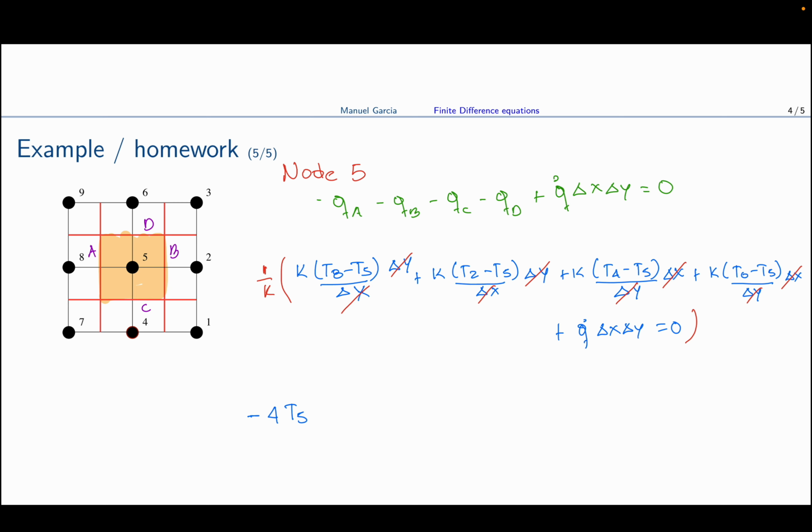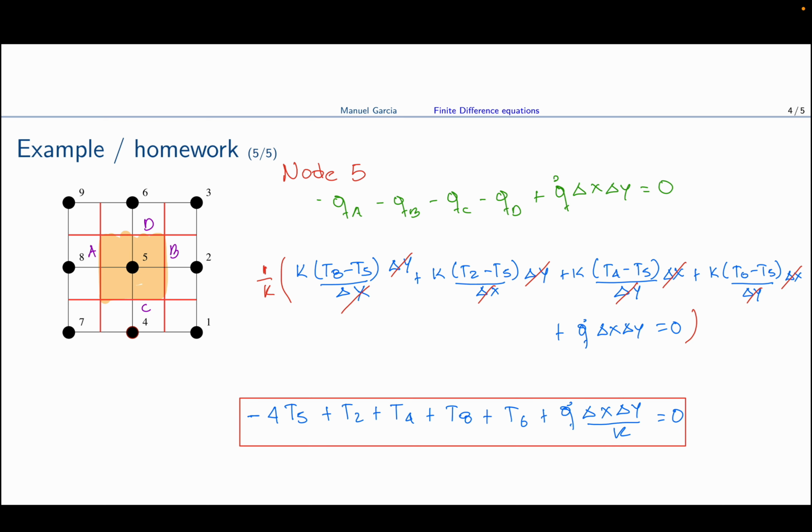Then we have all the nodes around, which are 2, 4, 6, and 8. Because K is cancelled and all these terms are cancelled, we just add the temperatures. So it is plus T2 plus T4 plus T8 plus T6. The order doesn't really matter at this point. Plus Q dot multiplied by delta X delta Y divided by K, because we divide everything by K, and this is equal to 0. And that's it. That's the equation for node 5.